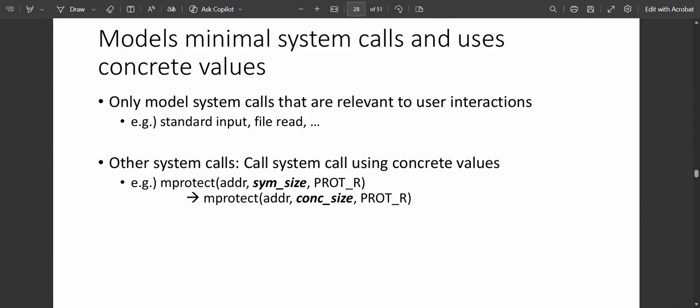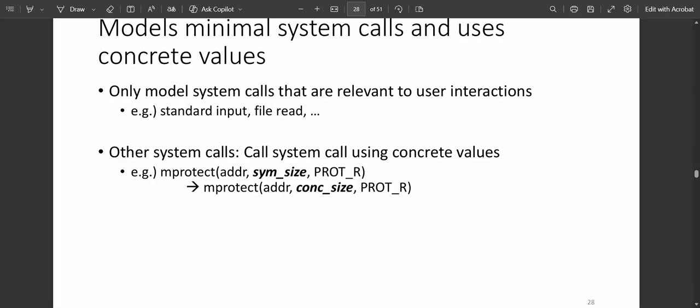It models minimal system calls and uses concrete values. Only model system calls that are relevant to user interactions, for example standard input, file read, and other system calls.